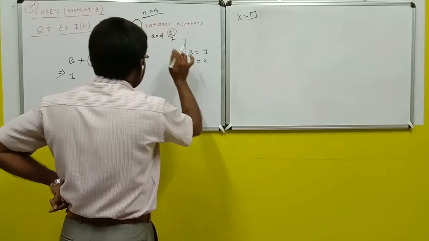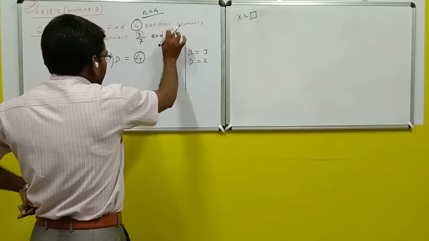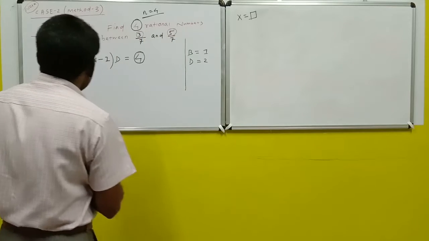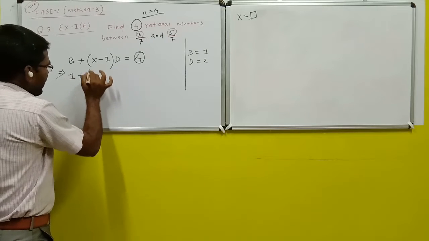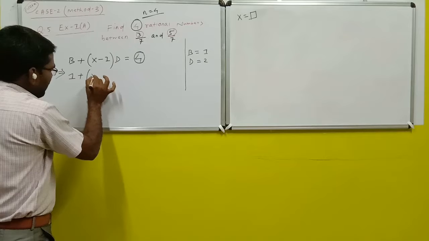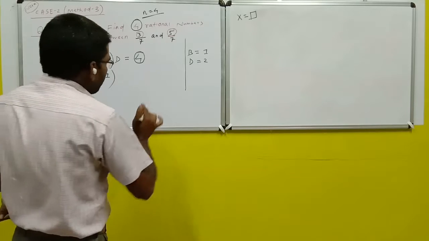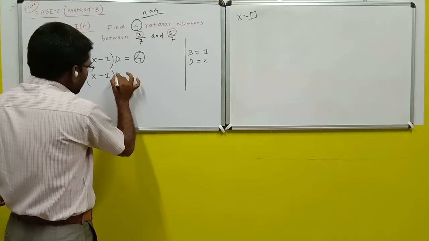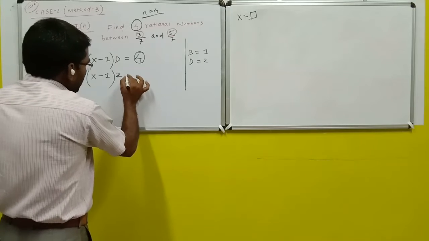It is the difference between the numerators of both the rational numbers, the difference between 5 and 3. Suppose 1 in place of b, plus x का value, it is unknown so it will remain same, minus 1, and in place of d put 2. It is the value of d. So in place of d 2 was put, equal to 4.